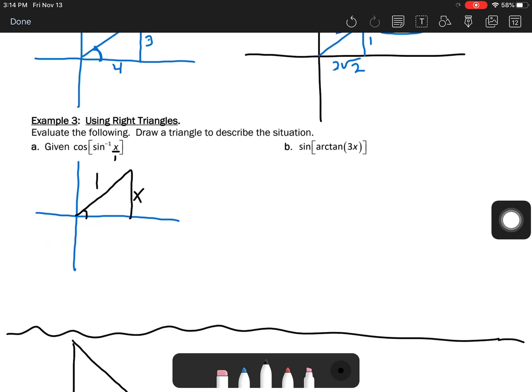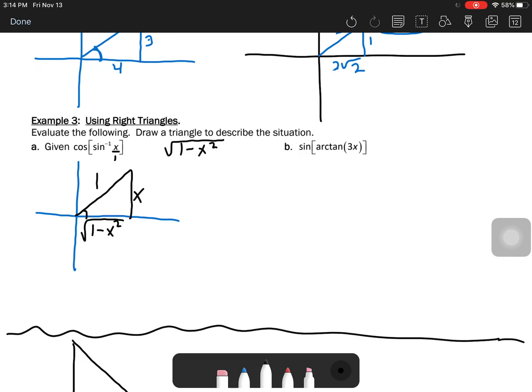So what that leaves me with is the square root of 1 minus x squared, and that would be my adjacent side there. So therefore, the cosine of this angle in question would be this expression over 1, which would just be the square root of 1 minus x squared.